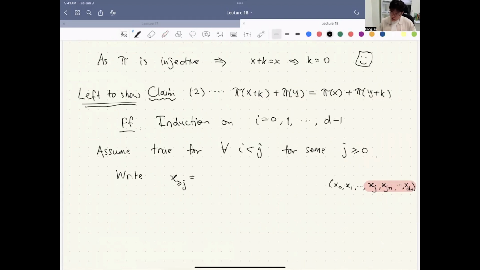So x bigger than j equals the sum over i at least j of xi times q to the i. This is what it is, something like this, right? Now, what does the induction hypothesis imply?